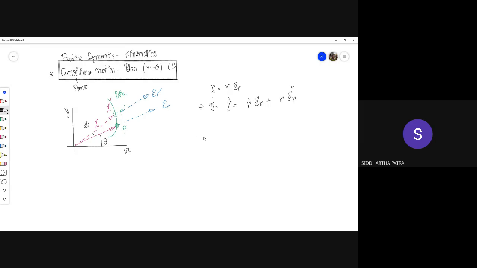Or rather, we should look into this part. Let's say this is the er direction, and this is the e theta direction.